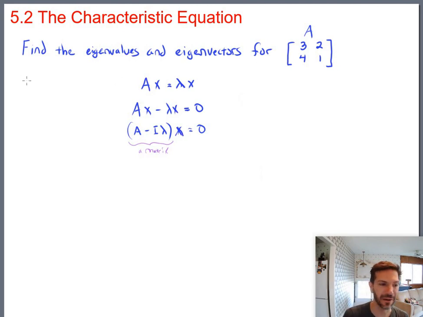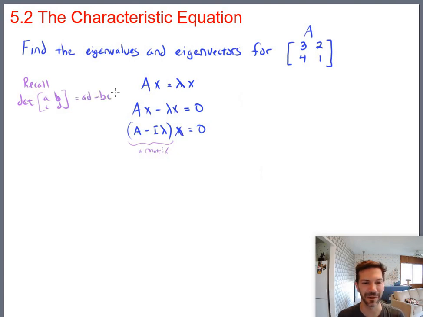Just in case you have forgotten, let me remind you of the determinant for a 2 by 2 matrix. There's that special little shortcut: it was AD minus BC, and that really only works for 2 by 2s.